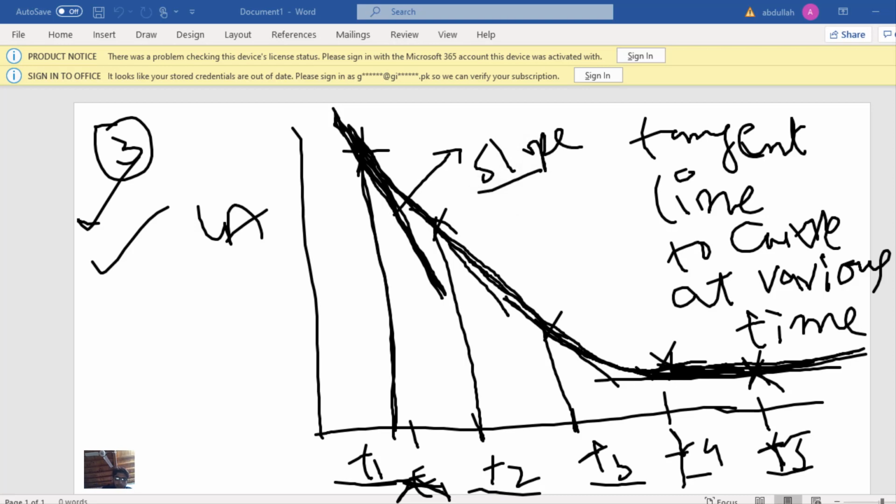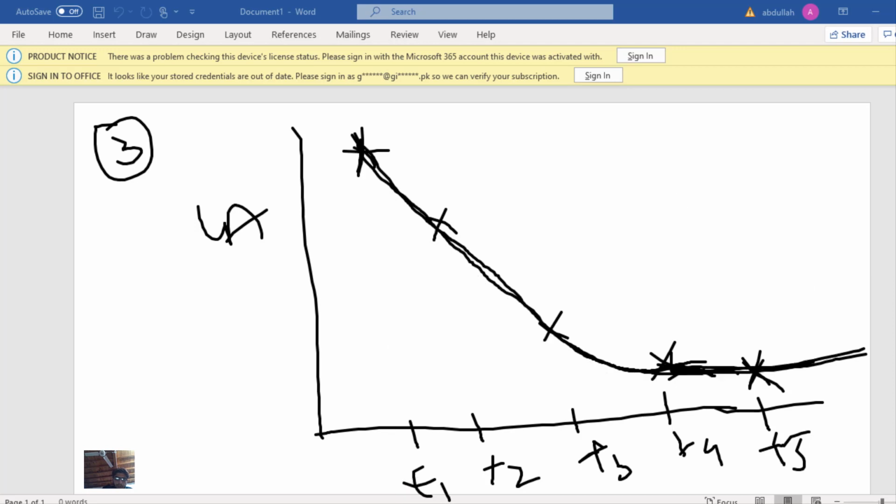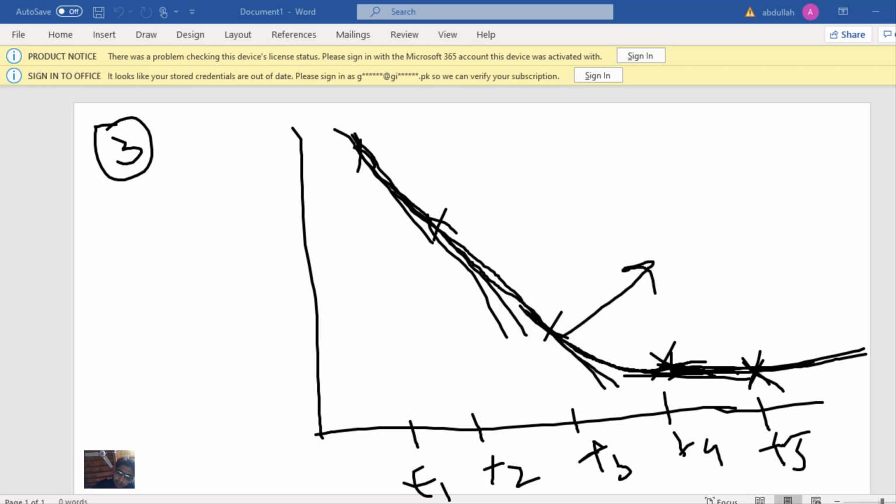So in the fourth step, we find the slope of the tangent to the curve. This was tangent to the curve, this was tangent to the curve, and this is tangent to the curve.